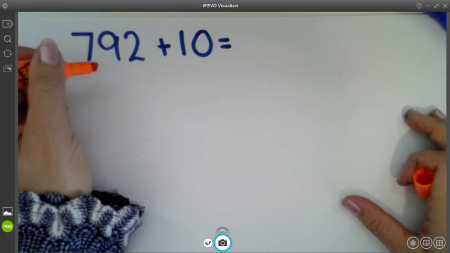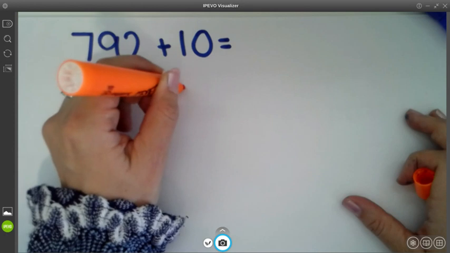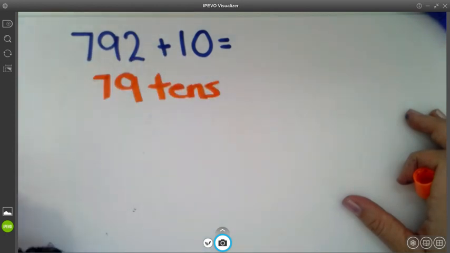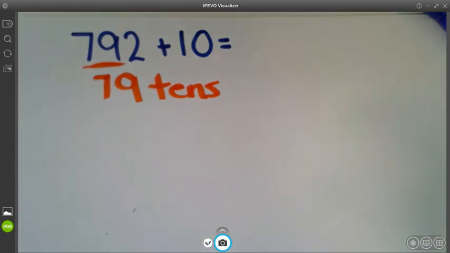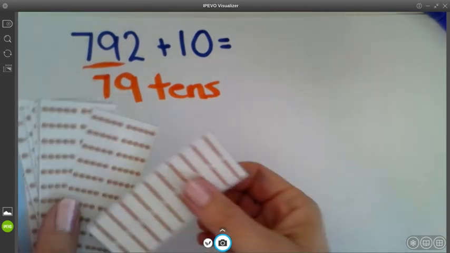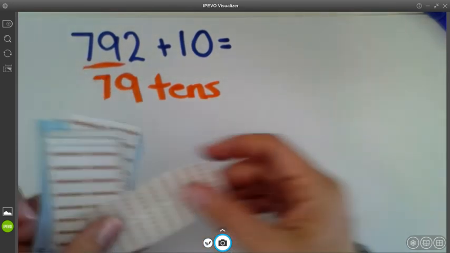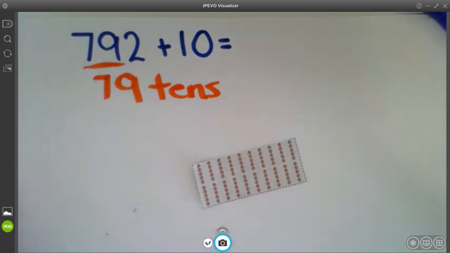Well, what we know is that 790 is actually 79 tens. So just these two numbers, kind of if you go back to the dollars and cents that we had, that's 79 tens. So 10, 20, 30, 40, 79 of those.